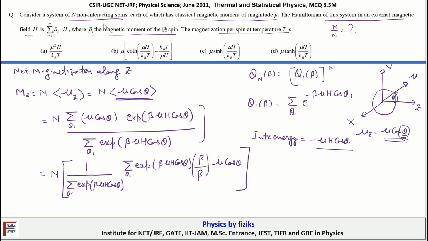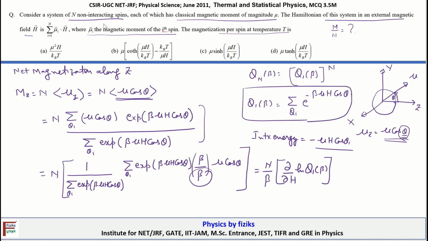Now I'm claiming that this is equal to, so I will take this beta outside, n by beta, and inside the bracket we are left with the derivative with respect to h of ln q1 beta, where q1 beta is given by this expression, okay.